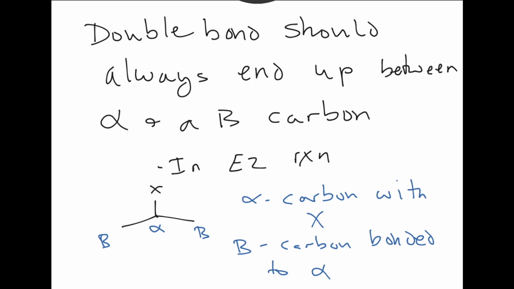Right? So, just like we had done with the alkene synthesis, if you're able to label your alphas and your betas, you know what your options are for where your double bond's going to be. Right? So if you start each problem doing that, you can then go like, okay, I know where my double bond has to end up.